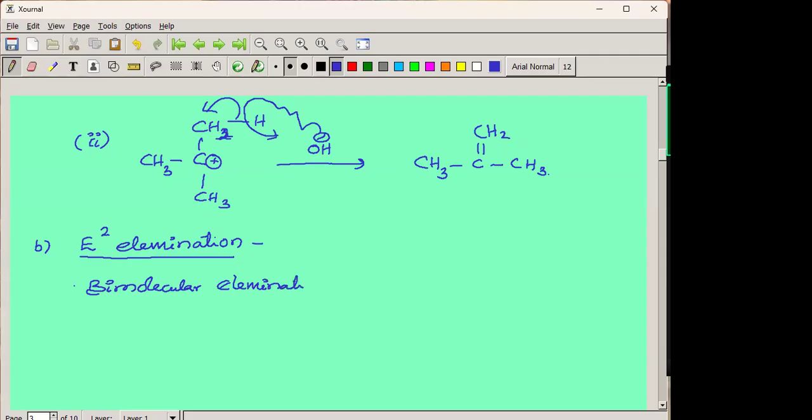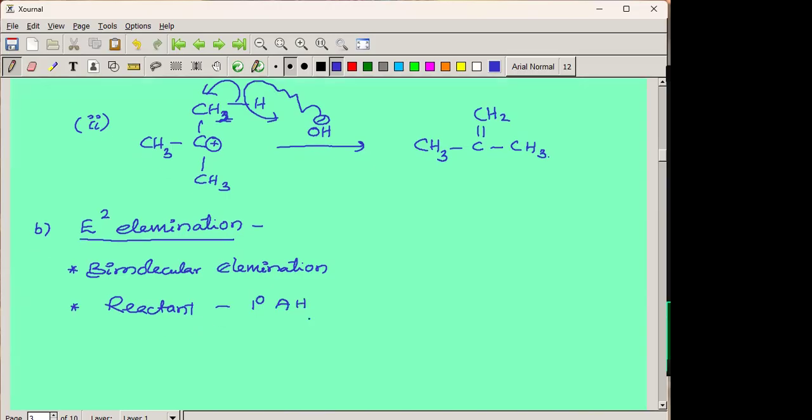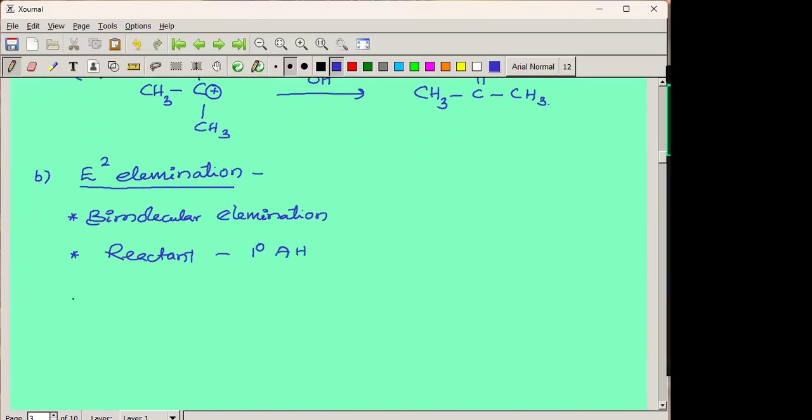It is like the SN2 reaction, bimolecular elimination. So what is the reactant here? Primary alkyl halides are involved in this reaction. The reagent is a non-polar reagent, alcoholic KOH.